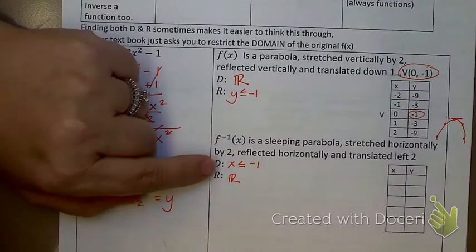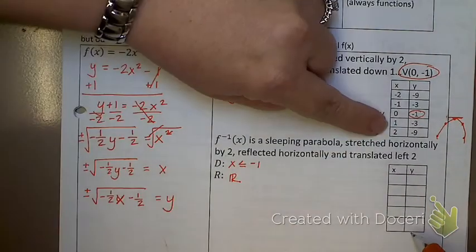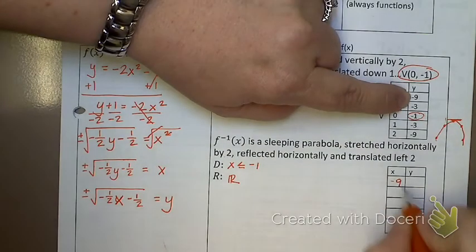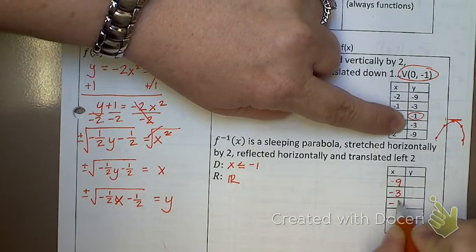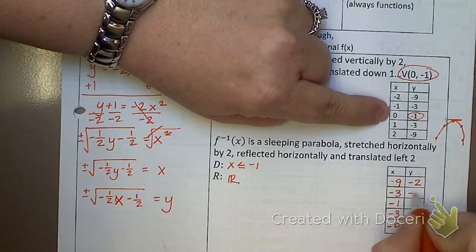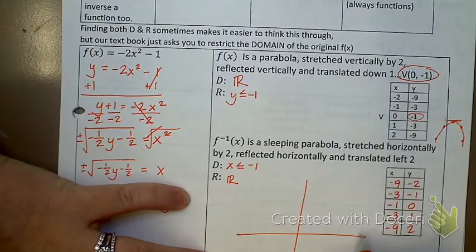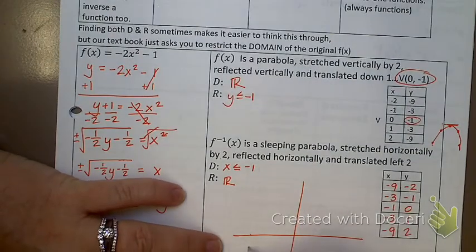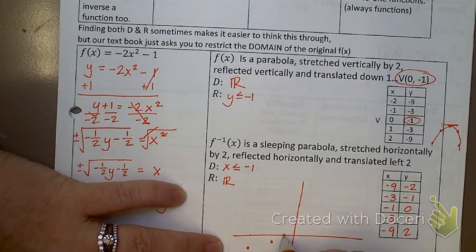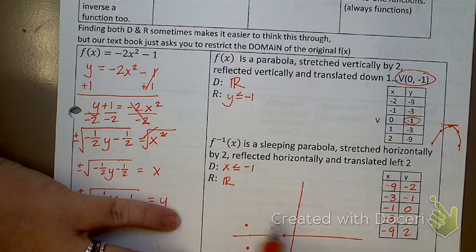So I could graph that if I wanted to. My domain and range would be switched. She has an xy chart, so if I wanted to graph that, all I have to do is flip my x's and my y's. So negative 9, negative 2; negative 3, negative 1; negative 1, 0; negative 3, positive 1; and negative 9, positive 2.